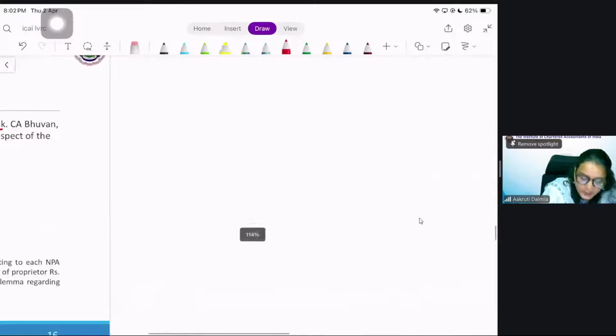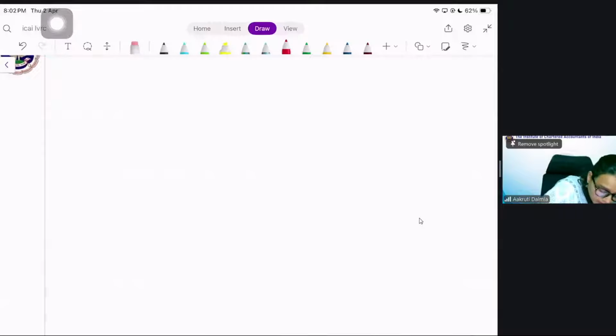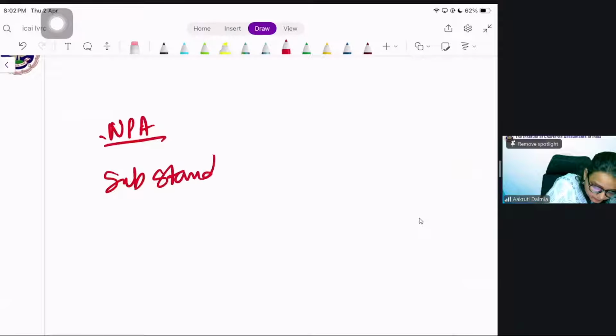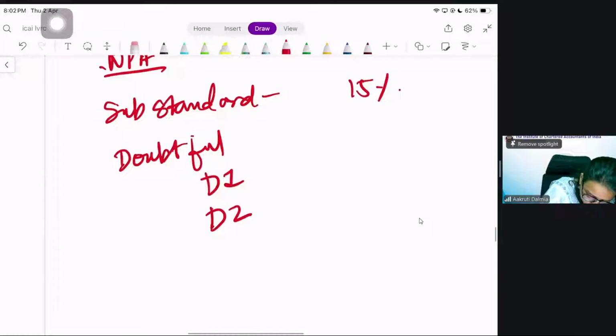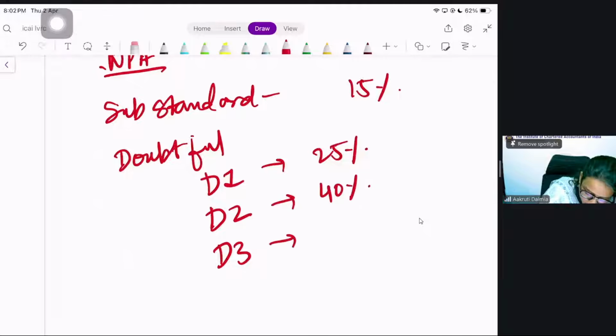Okay. First, ये याद रखो quickly. NPA provisioning. Always to be remembered. Substandard, 15% of outstanding. Then doubtful will come. In doubtful, D1, D2, D3. D1 is 25%, D2 is 40%, D3 is 100%.